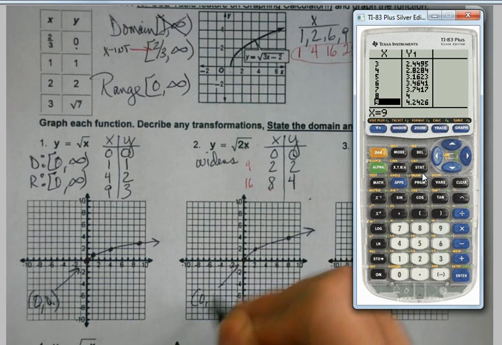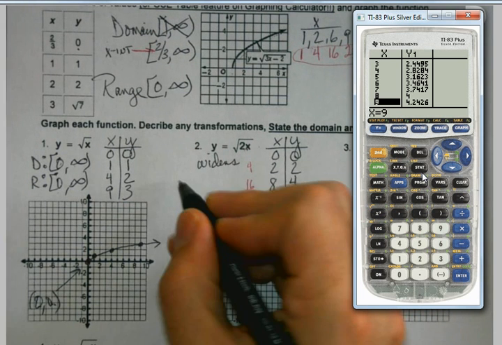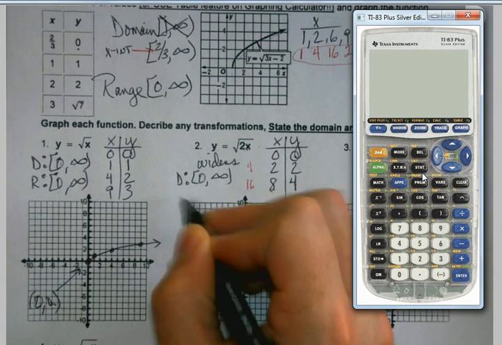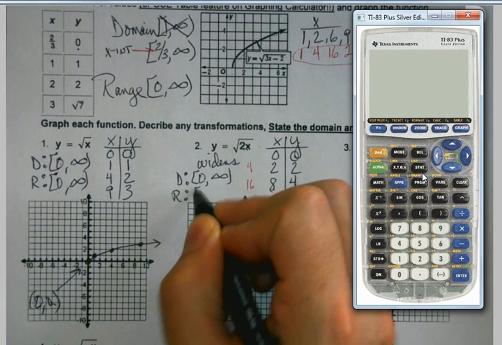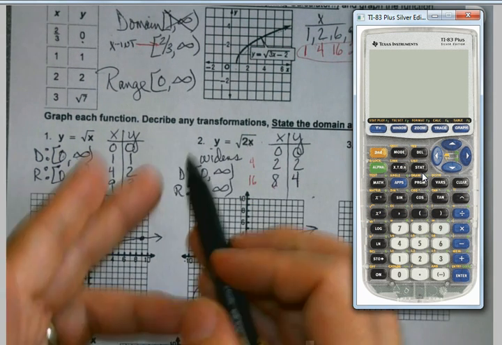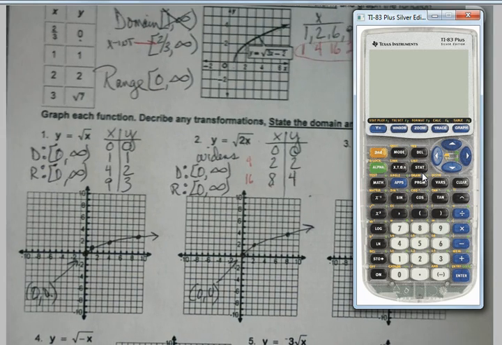It's still at 0, 0. So even though my graph stretches, it doesn't have any impact on my domain or my range. Because again, it's that starting point that directly relates back to my domain and range. And yes, that will change, but we're sort of going to slowly work our way to that point.